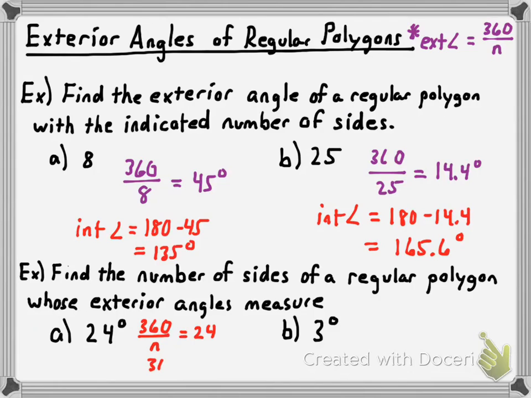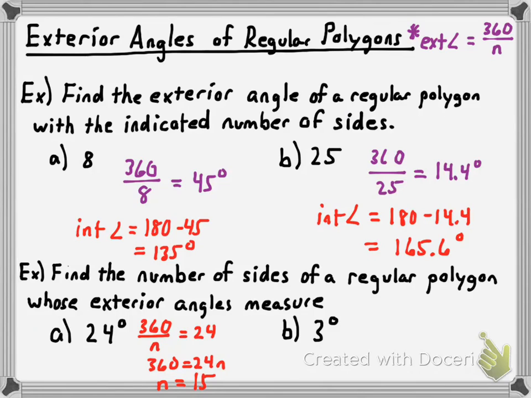So that means 360 is equal to 24n, and n then would be 24 divided into 360, which is 15.